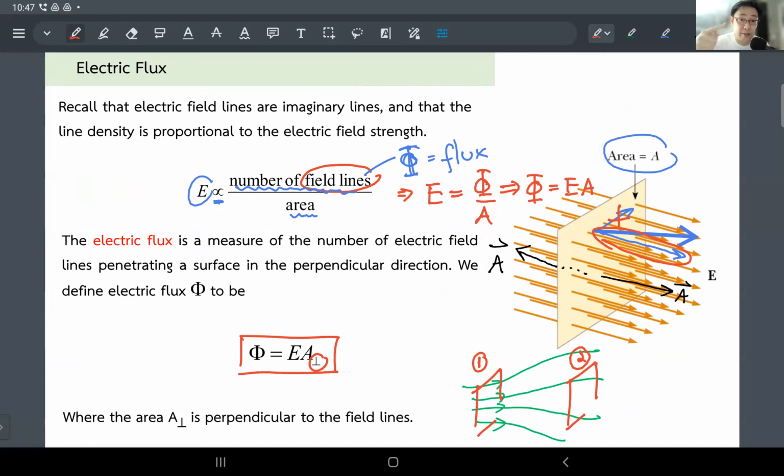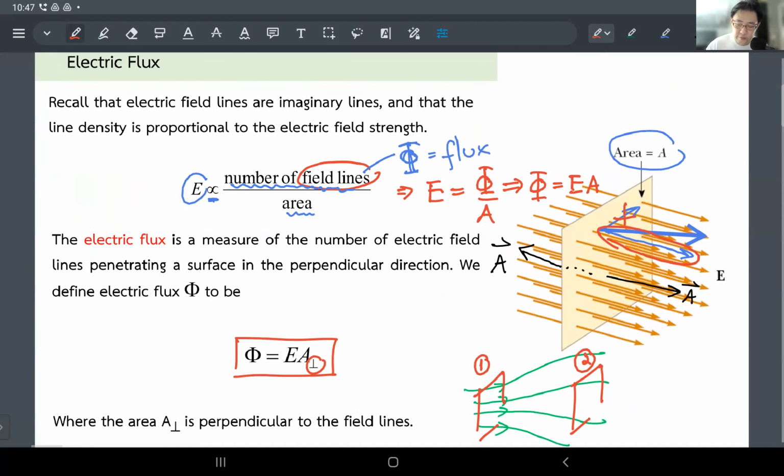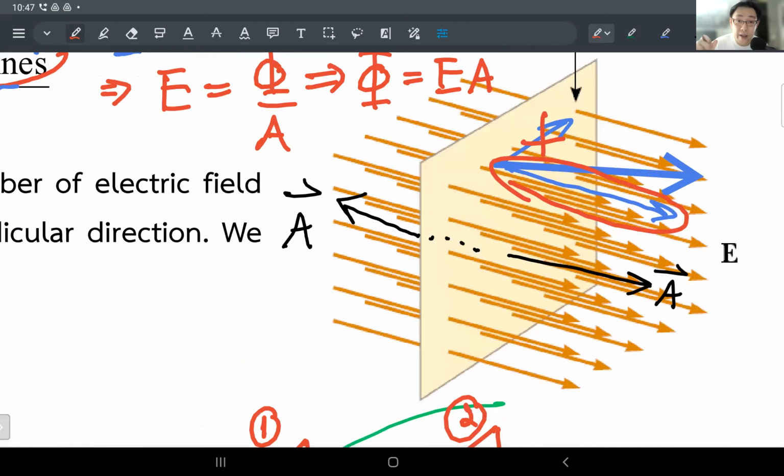This is how I'm trying to wrap things up. Because we define the area vector to be perpendicular to that area, what you really want is just the E vector that is parallel to the A vector. By having these two parallel to each other, you are guaranteed the condition that the E vector is perpendicular to that area. And that's my conclusion. Okay. Is that confusing?